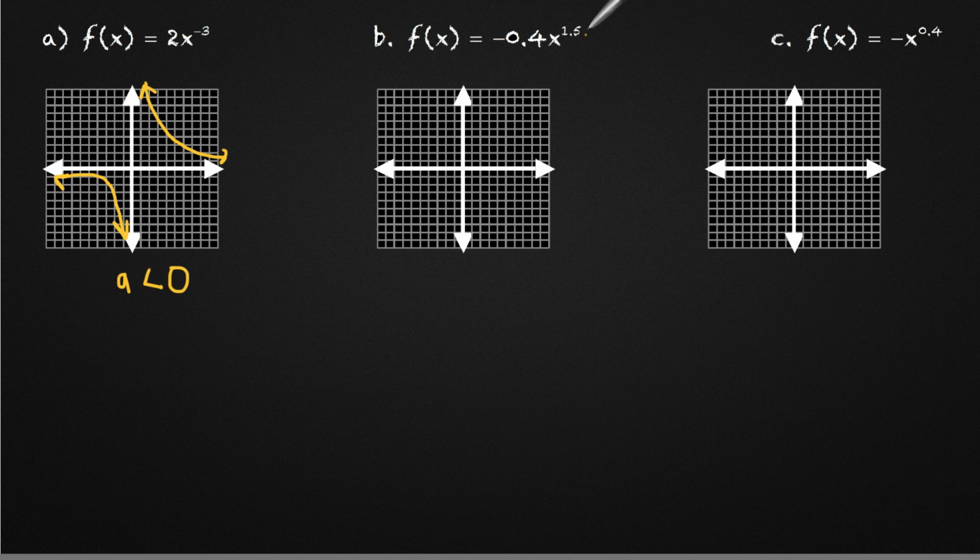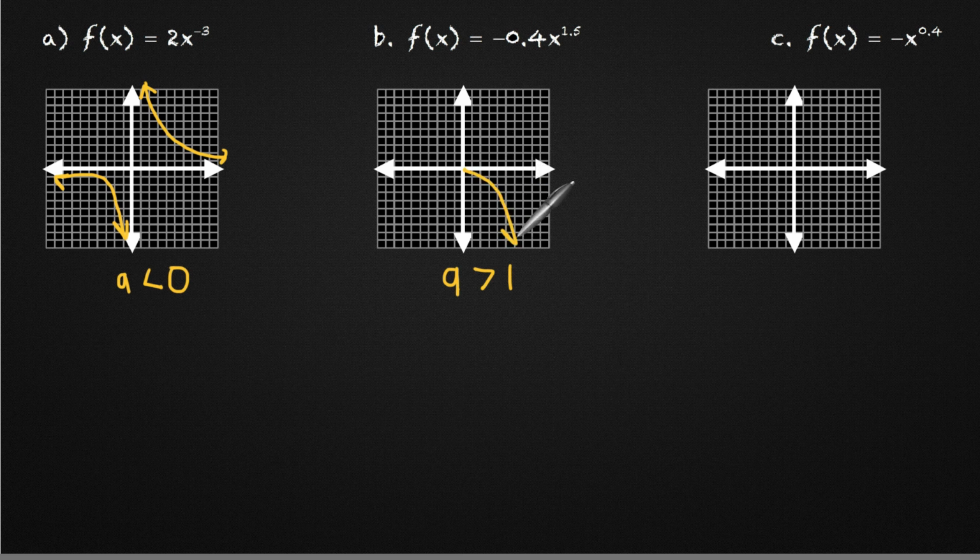Let's look at letter B. We see that we have negative 0.4. The coefficient is negative. The constant of variation is negative, so we're going to be in the fourth quadrant. And we see that the exponent is greater than 1, so it's going to resemble a parabola. So we have a fourth quadrant parabola. Let's go ahead and draw that.